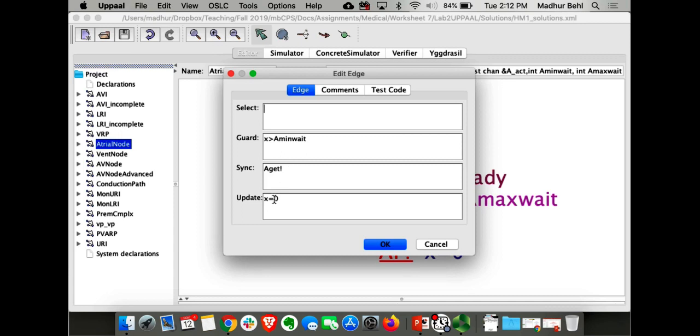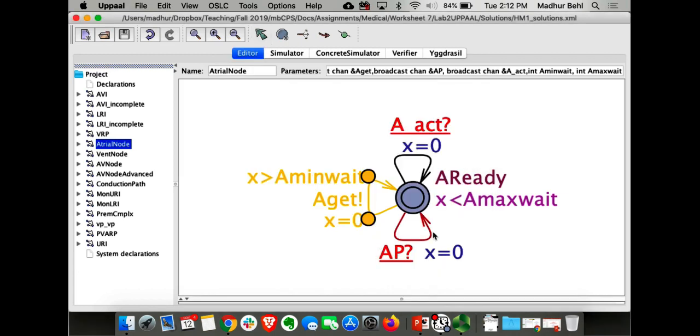And then there's an update that resets the clock. So if you just pay attention to this transition and the invariant, what we are essentially saying is that between a min and a max wait, you can depolarize at any time you want, which is already very different from the way you model this in a deterministic Simulink model.